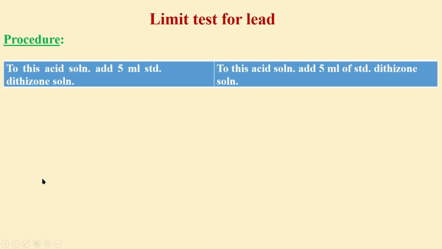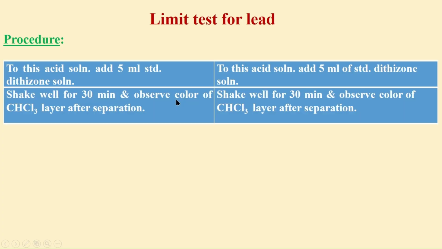We take this aqueous layer and discard the chloroform layer, and to this aqueous layer in which the lead is present as lead nitrate, we add 5 ml of standard dithizone solution, to both the standard and the test solution. The lead is extracted back from the lead nitrate and forms the lead dithizone complex, which gives the coloration.